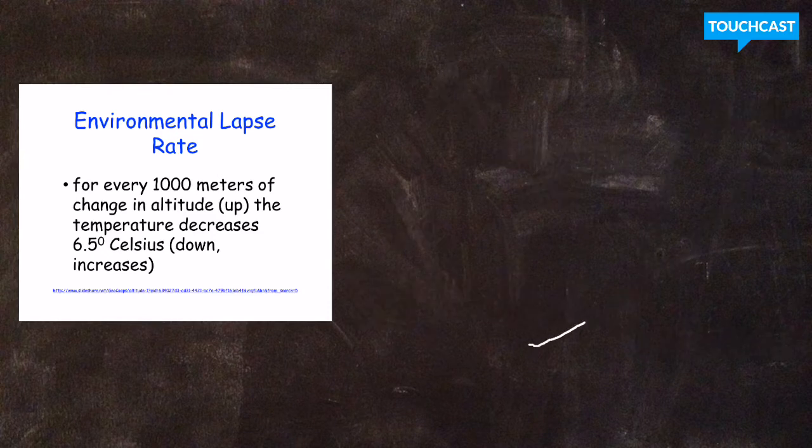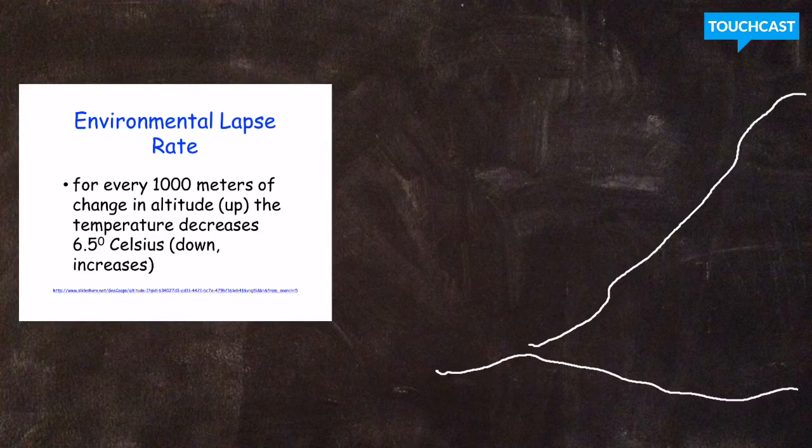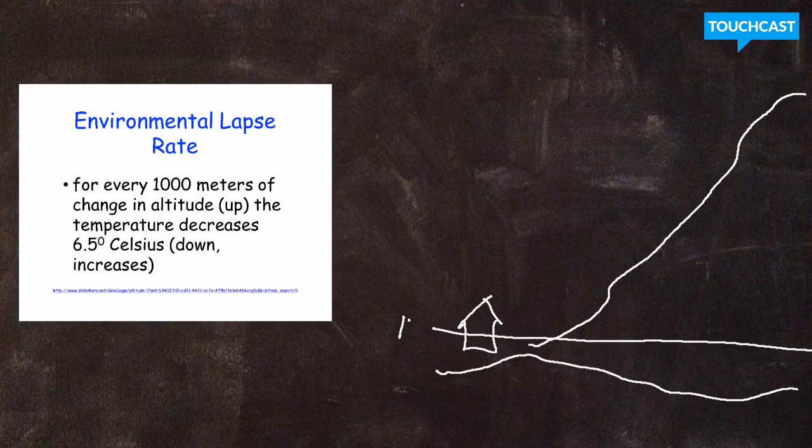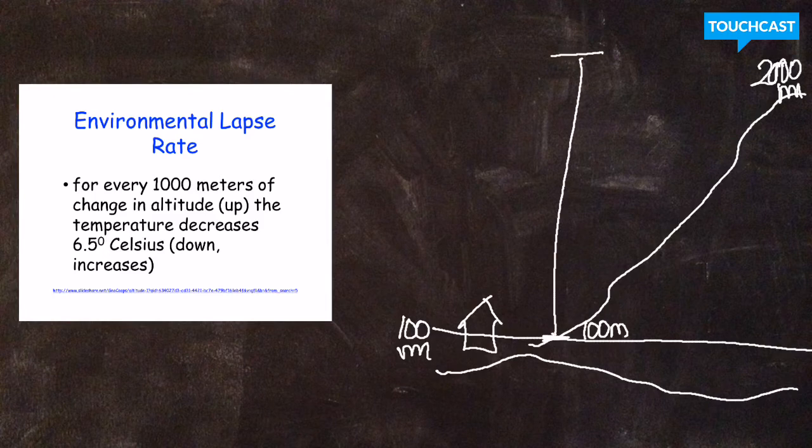So here in our example again, let me draw it again. My house is 100 meters above sea level. That's my elevation. I'm going to hike to 2,000 meters elevation, but my change in altitude is going to be from 100 meters to 2,000 meters.